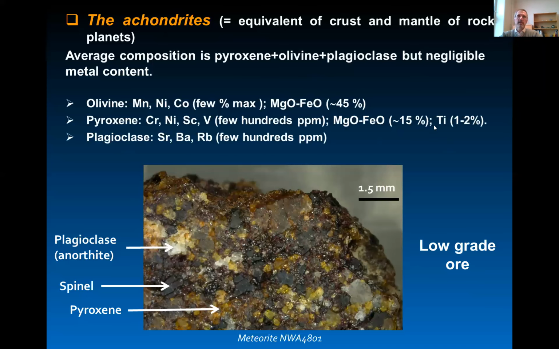So again, that is a potential resource, but depending on the proportion of pyroxene in the asteroid. Plagioclase could be found. It contains strontium, barium, and rubidium in a few hundred ppm. So as a summary, we are talking about low-grade ore for achondrites.